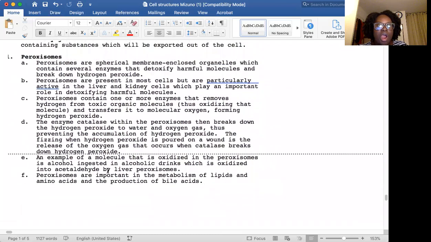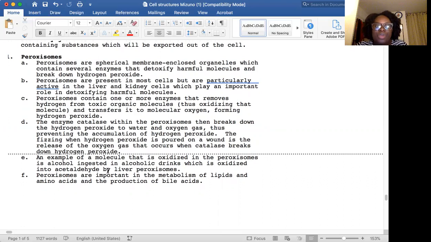Peroxisomes are spherical membrane-enclosed organelles which contain several enzymes that detoxify harmful molecules and break down hydrogen peroxide. It's the enzyme catalase within the peroxisome that breaks down the hydrogen peroxide to water and oxygen gas, thus preventing the accumulation of hydrogen peroxide.